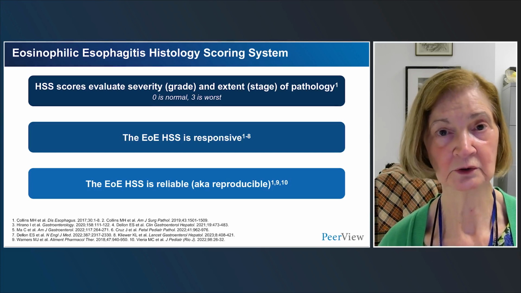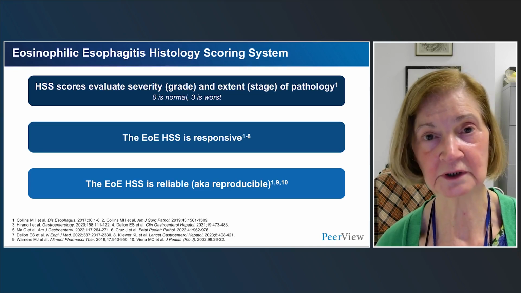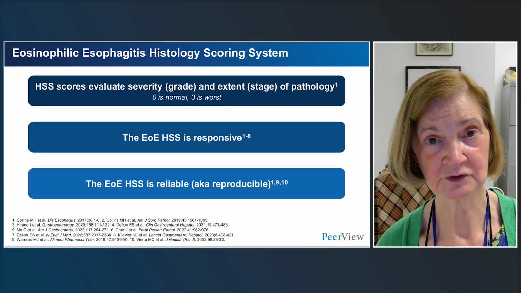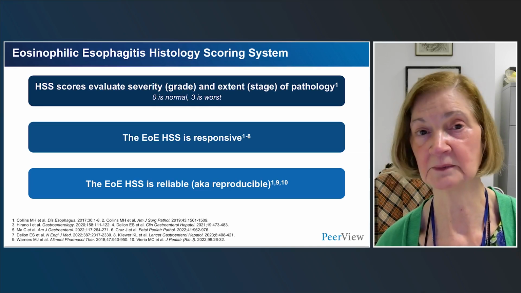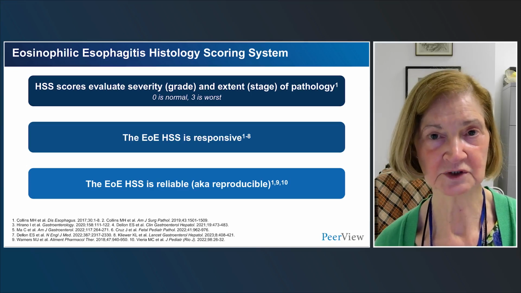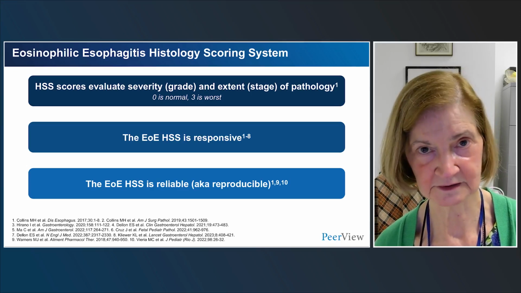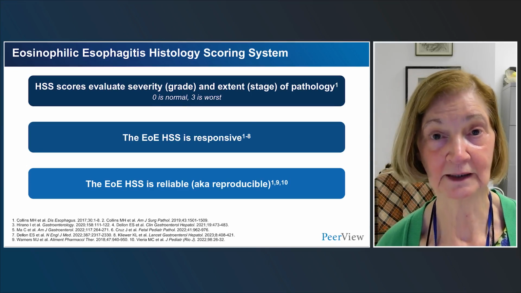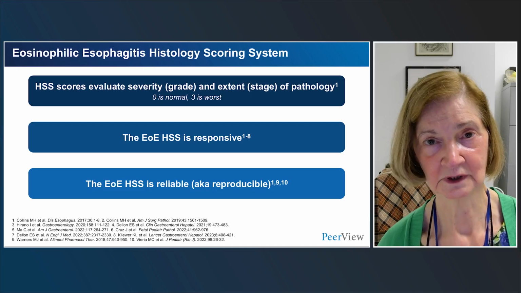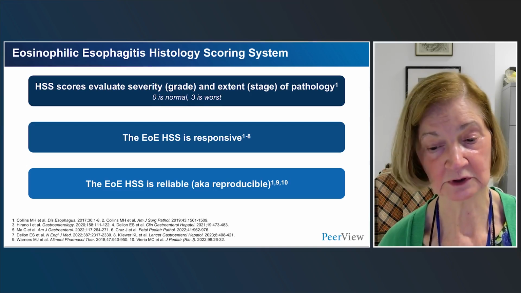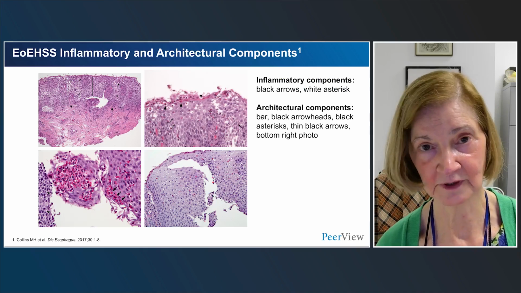So, someone who has not ever been treated for EoE, we establish the diagnosis. They're given a therapeutic intervention. When they return, they say they're feeling much, much better. Their symptoms are much reduced. The EoE-HSS score is less, so it's responsive. You can count on it to aid with the evaluation of the clinical setting. It's also reliable or reproducible. It can be used by any pathologist.